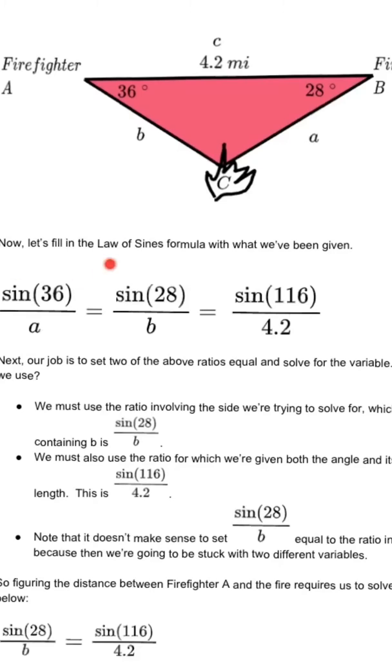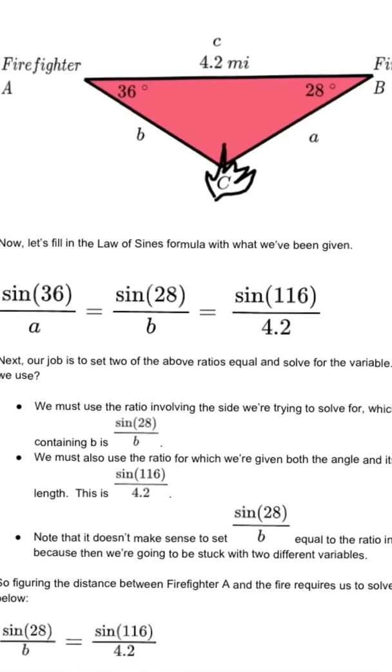So we have the sine of 36 over the side opposite the 36-degree angle, which is A, equals the sine of 28 over the side opposite the 28-degree angle, which is B, equals the sine of 116 over the side opposite the 116-degree angle, which is little c, or 4.2 in this case.